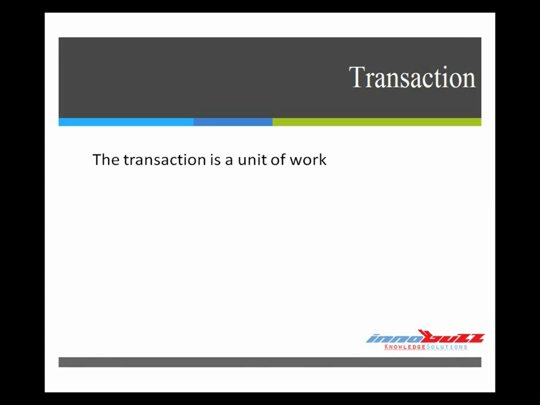They have to provide isolation between programs accessing a database concurrently. By definition, transactions must have the following properties. They are atomic: in an atomic transaction, a series of database operations either all occur or nothing occurs.